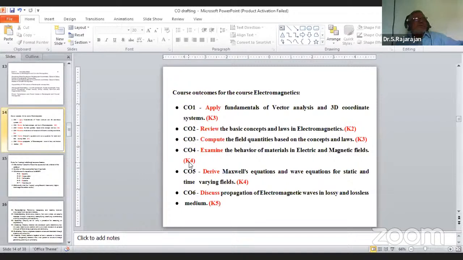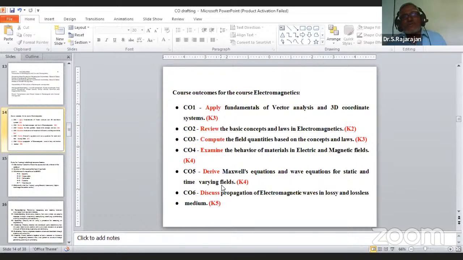Two different materials are taken as case studies in the classroom, and they can ask about a third material which we have not dealt with in the classroom. K4 is the analyzing level, which is better than the apply level, K3. So the content delivery must be in that sense. The teacher should initiate the analyzing capacity of the students. Only then can we put it at K4 level.